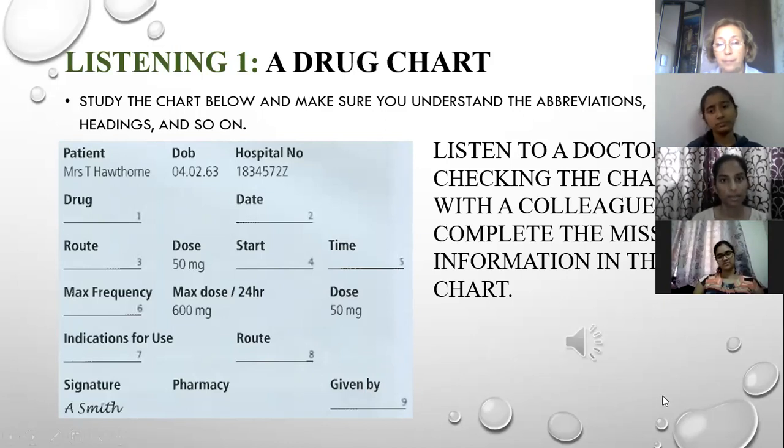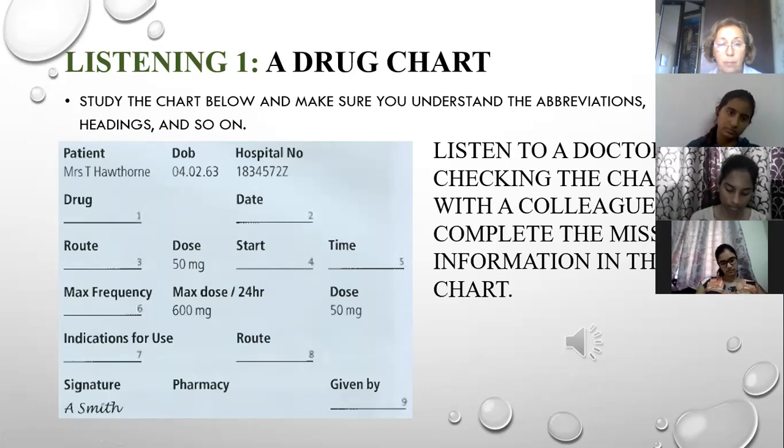Let's see now. Mrs. T. Hawthorne, date of birth 4th February 1963, hospital number 1834572Z. She was prescribed tramadol today, 15th October 2009, given intramuscularly 50 milligrams, started on 13th October at 11:30.